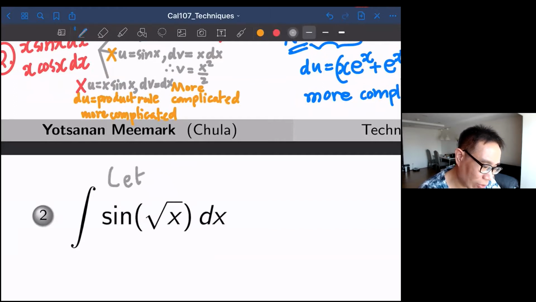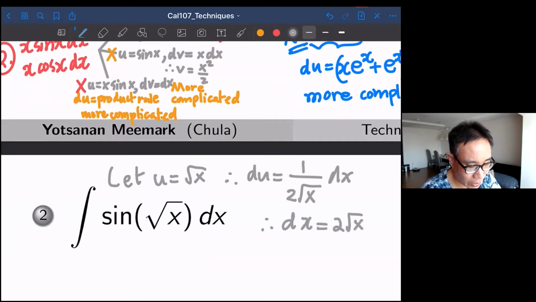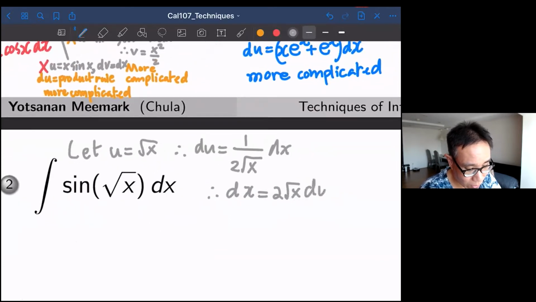I'm going to let u be root x, and I'm going to compute du, which is 1 over 2 root x dx. Okay, it's not that hard to understand this one, and you're going to see that your dx turns out to be 2 root x du, and you see here that u equal to root x.